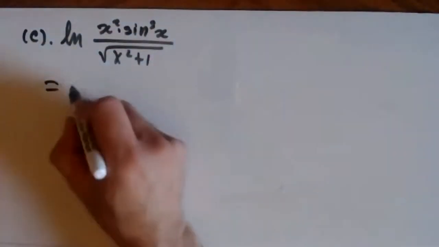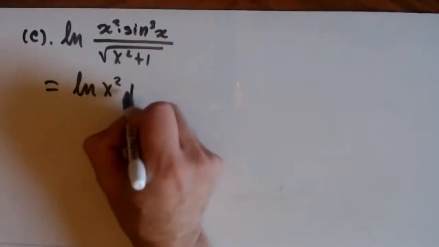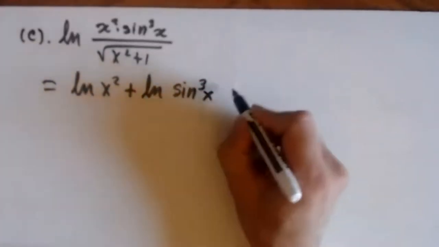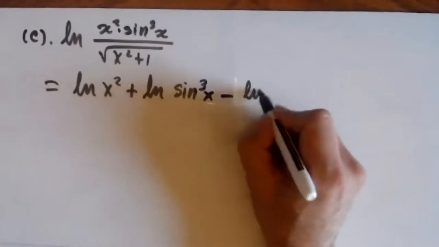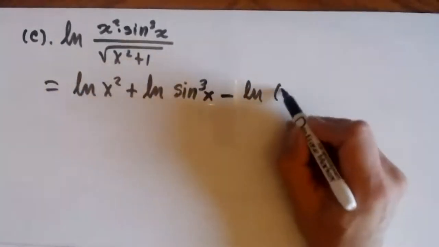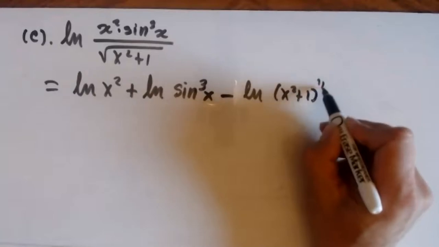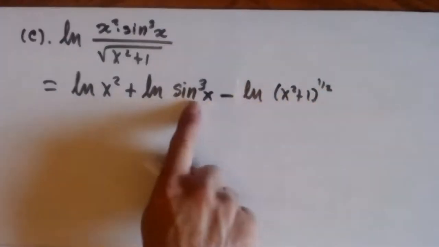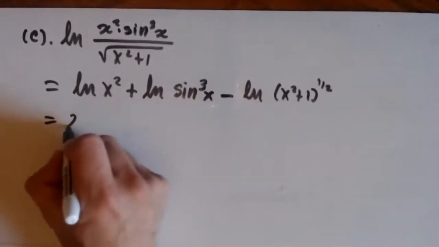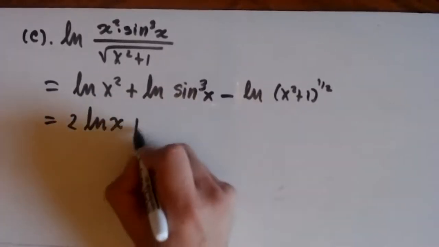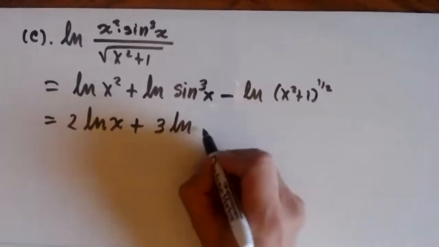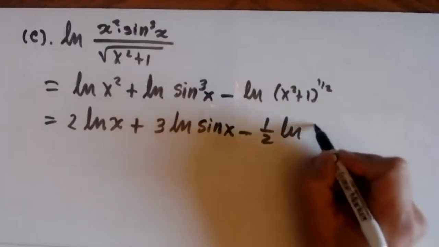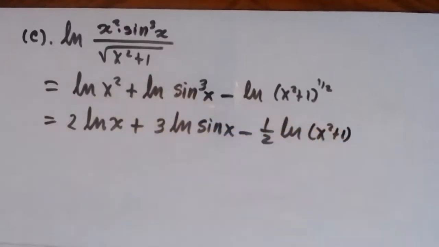So you put ln x squared plus ln sine cube of x minus ln, remember this is a power, so (x squared plus 1) to the 1/2. Then I have to move the powers out of the expression, so this is going to be 2 ln x plus 3 ln sine x minus 1/2 ln (x squared plus 1).